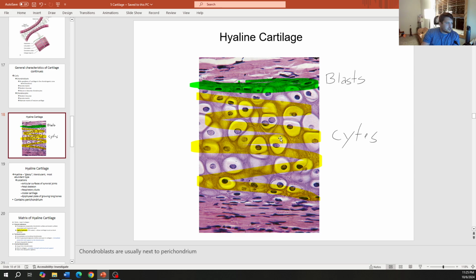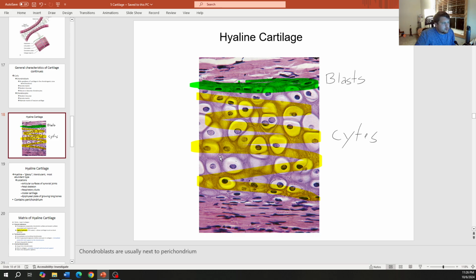So when we look at this, the chondrocytes are much, much bigger. The chondroblasts are a little bit smaller right in here, right along the line. Notice the difference in color of these tissues. This tissue down here is much more pink when we talk about the staining of it.